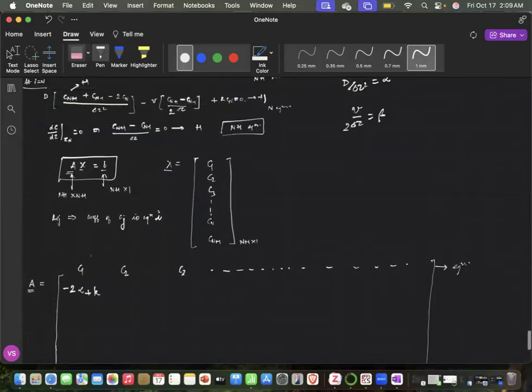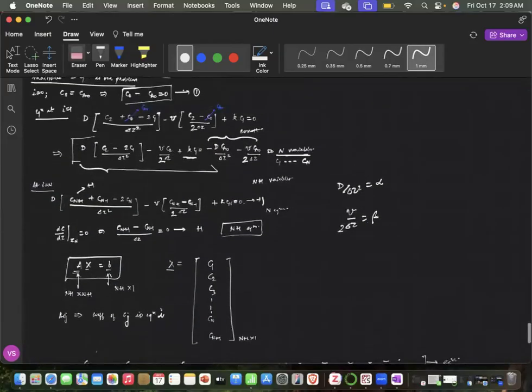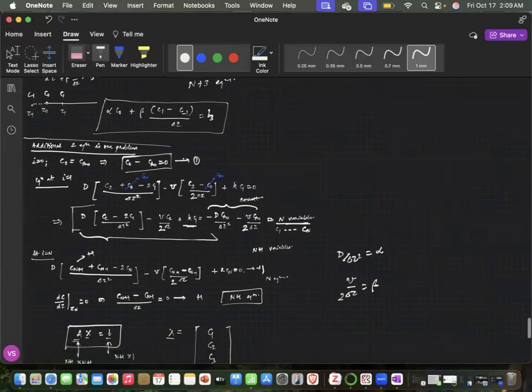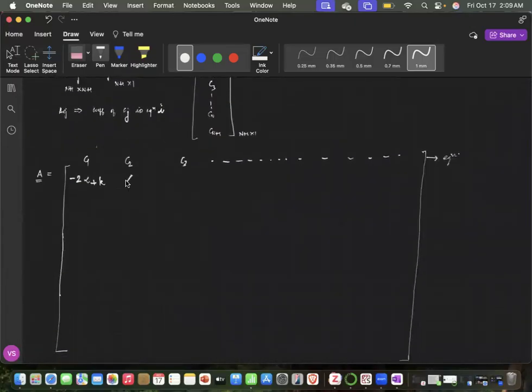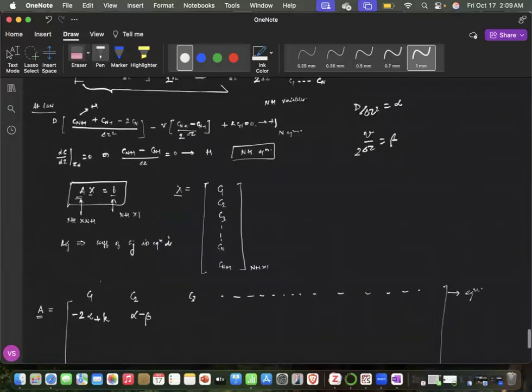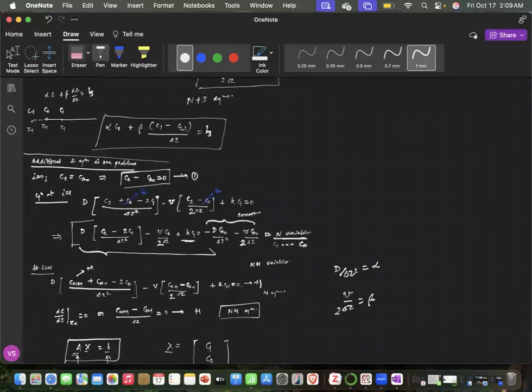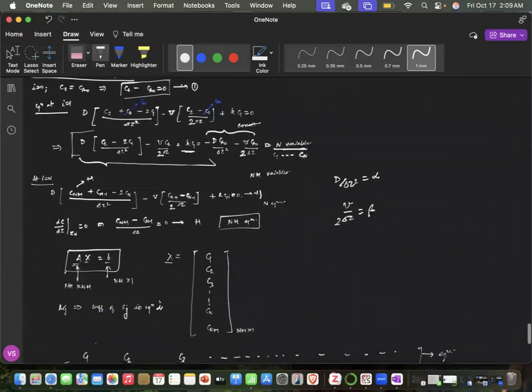Okay. And the coefficient of C2 in equation 1 over here is alpha minus beta, right? That is the coefficient. So that's alpha minus beta. Okay. And there are no other variables, C3, C4, nothing is there in my first equation, right? So the first equation is done, right?